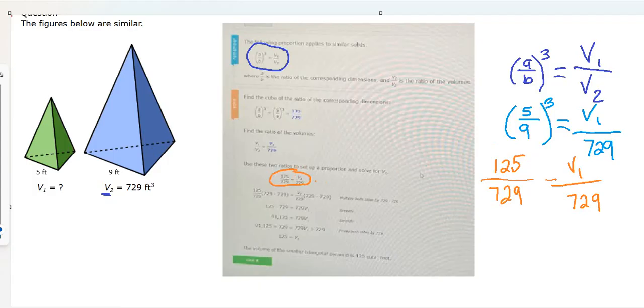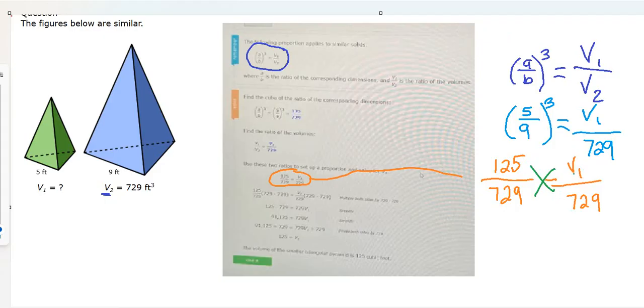So pick out what matches. This matches that, right? I can't really see this thing. So from there, now we're going to cross multiply.